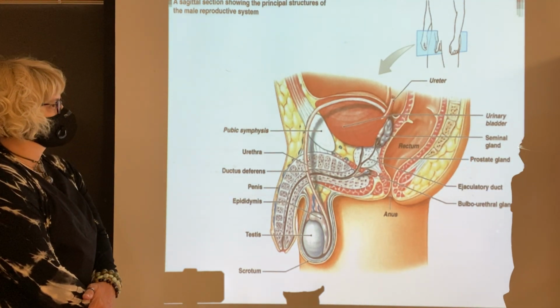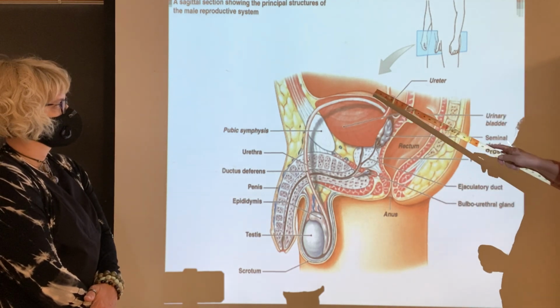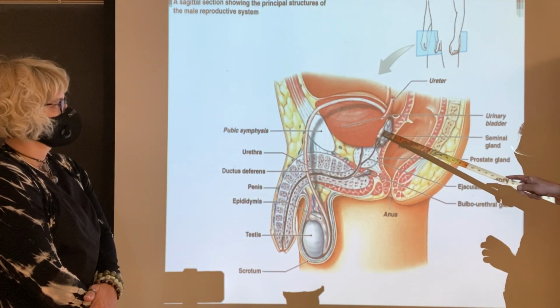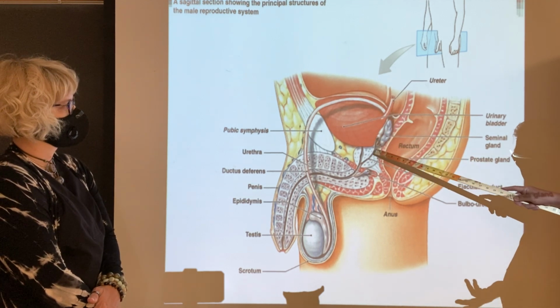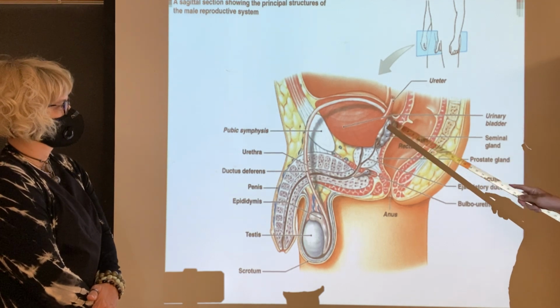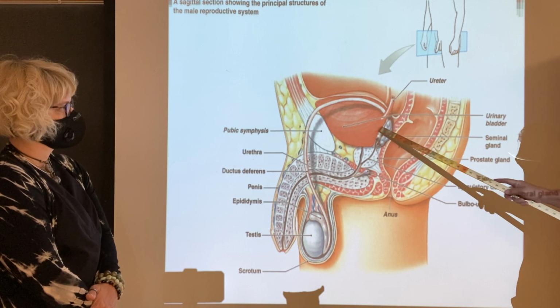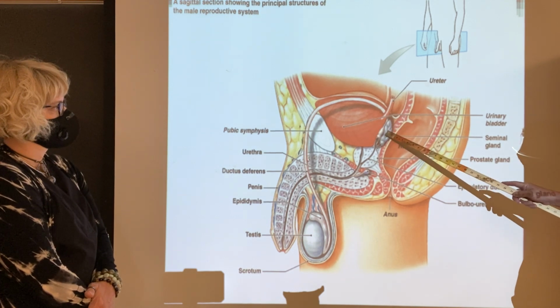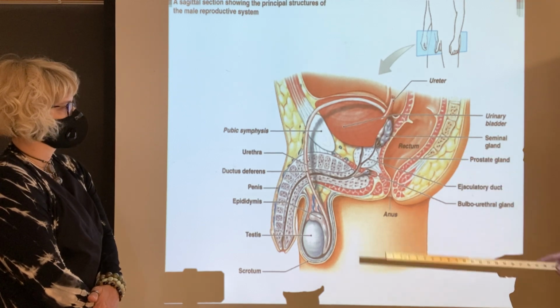And let me reiterate, when I stated it before, I said it was on the back of the prostate, which in this particular case, yes, it is posterior and superior when we talk about the seminal gland, but it really is posterior. The seminal gland and the Ductus Deferens are posterior to the bladder.